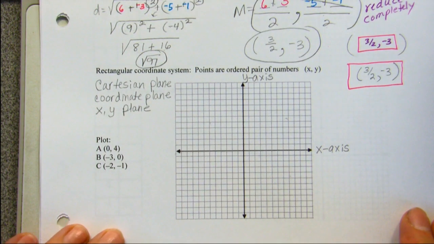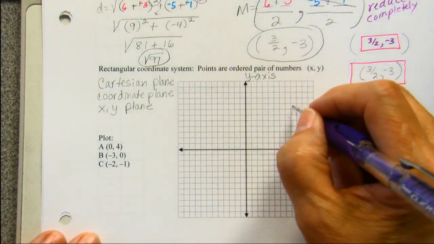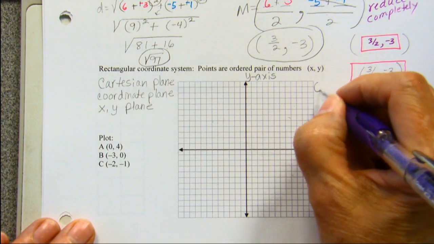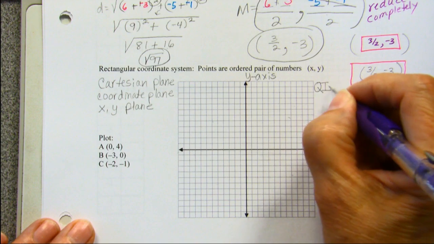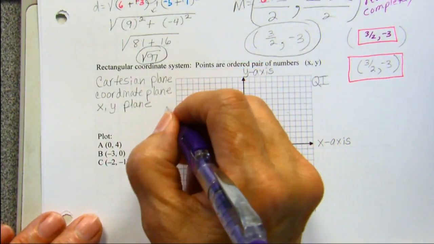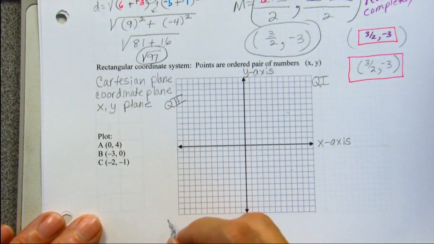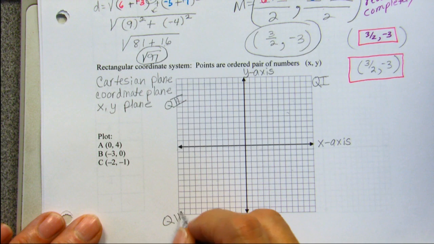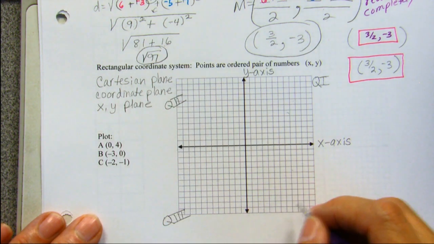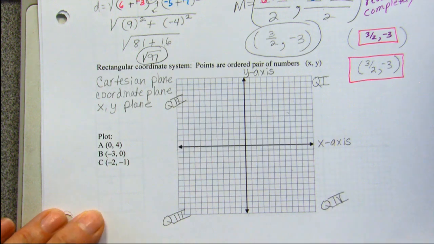And then for trig and for calculus, the top right is called your quadrant Roman numeral 1, and then it goes counterclockwise. To the left is quadrant Roman numeral 2, bottom left is quadrant Roman numeral 3, and bottom right is quadrant Roman numeral 4.